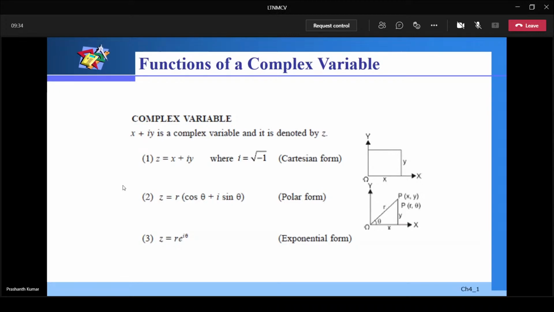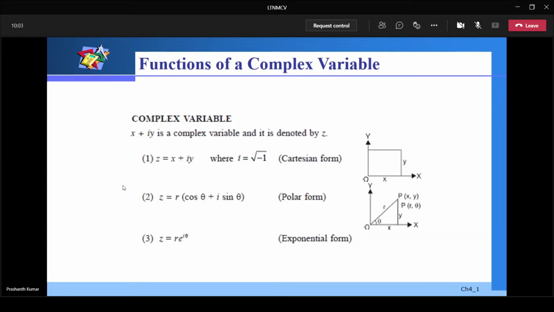So what is a complex variable, and how can we write the complex variable in the Cartesian form and polar form? And one more form we have in complex numbers and complex variables, that is the exponential form. This is also very, very important, because we know that e to the power of i theta is cos theta plus i sin theta.